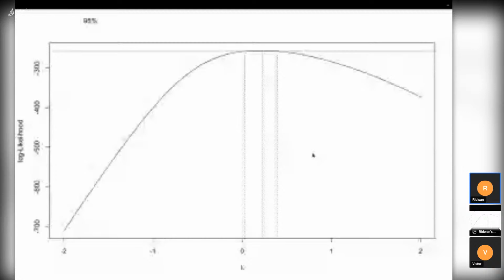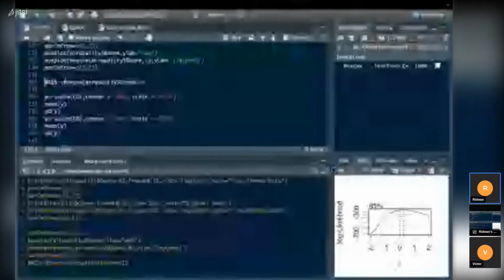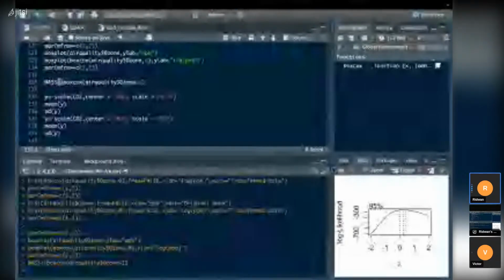If we run it here, so can you see it? Which function are you running? Possible values of your lambda. Is it that MASS? Which function? This boxcox. Do you know the reason why we put MASS here? Well, I'm not seeing what you are running. What did you run? This place. Initially. That one? Yeah, this is what I ran.